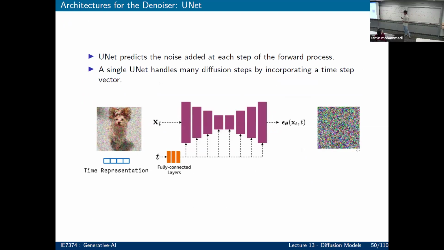UNet is like an autoencoder, a CNN model, which extracts features along the way. You remember you need that G, that model that predicts the noise. That's the UNet.